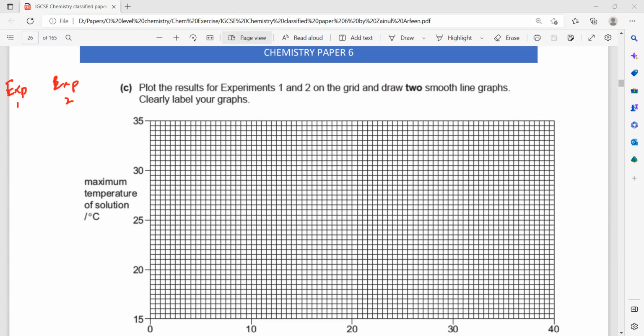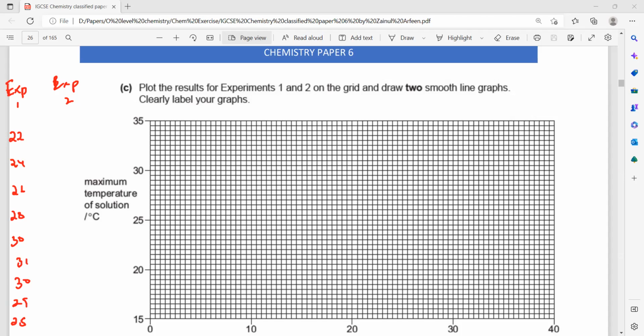For experiment 1, the readings are 22, 24, 26, 28, 30, 31, 30, 29 and 28.